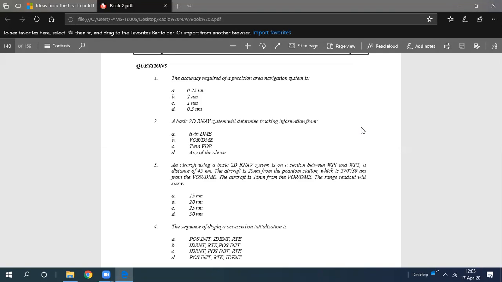Question number 3. You are using the 2D navigation system on which the horizontal information is only displayed. You're flying from waypoint 1 to waypoint 2. All the information is given. What will be displayed in the cockpit when you are sitting in the cockpit?